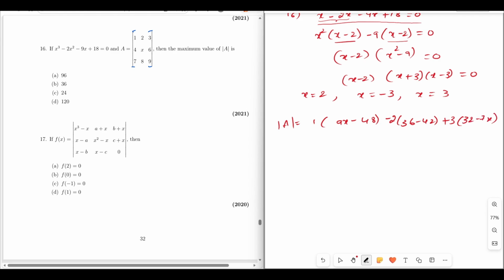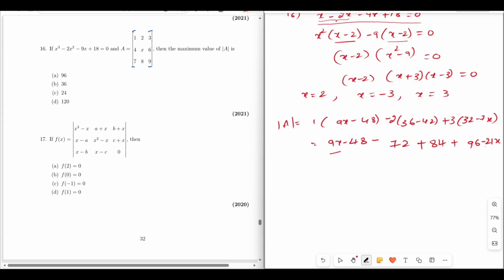Okay, so now this is equal to 9x minus 48, minus 36 into 2, 72, plus 42 into 2, 84, plus 3 into 32, 96, minus 3 into 7x, 21x.